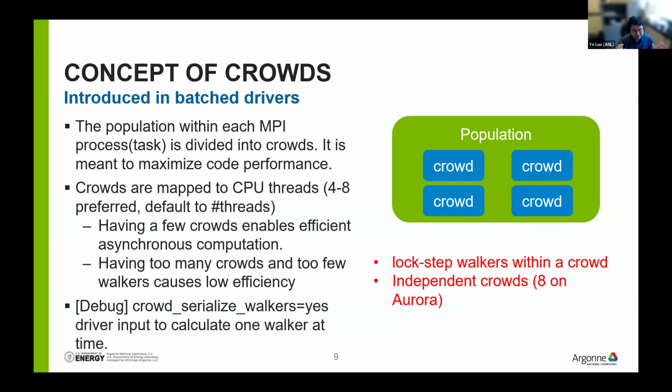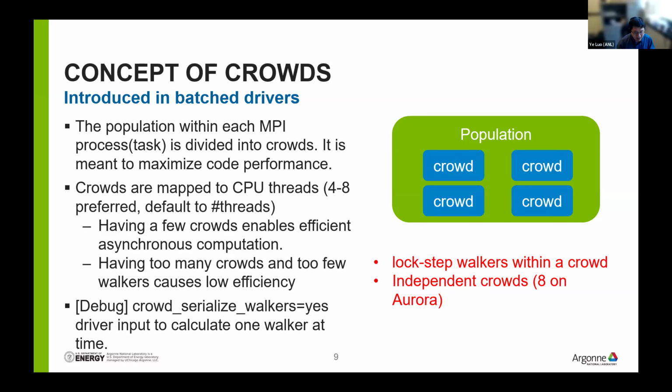We all know the QMC calculation involves random walking. Its parallelization is done with all the walkers. It has a lot of concurrency, so that's why we parallelize it. But for optimal efficiency, we have a second level of organization, dividing the whole set of walkers, which I call the population, into several crowds in the QMC calculation.